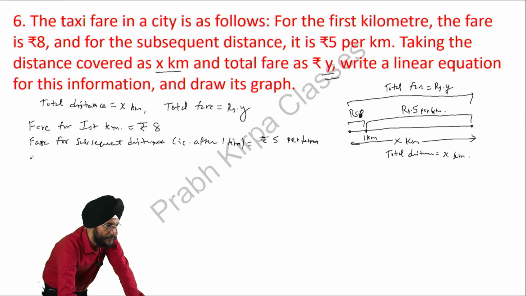It is x minus 1. From here to here it is x minus 1, because total is x. If we deduct 1 kilometer from x, it will be x minus 1 kilometer.